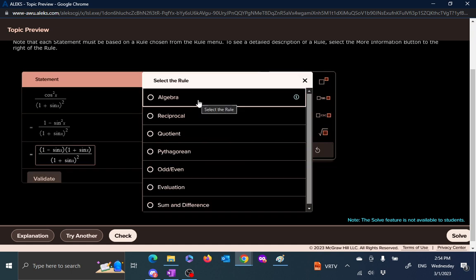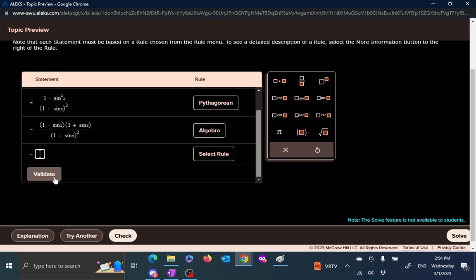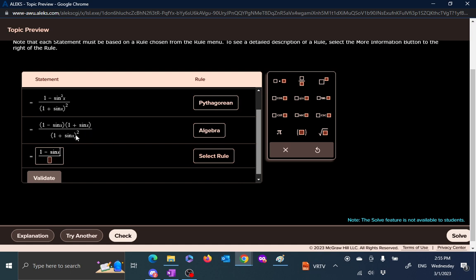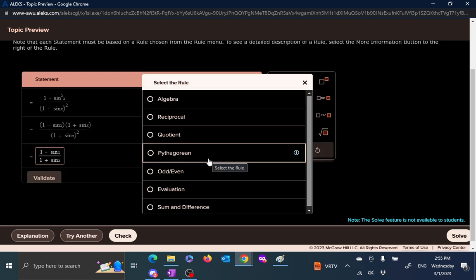So all I did was algebra. Next, I'm going to cancel the two common factors here. So let's make our fractions. I'll have 1 minus sine of x in the numerator. When I cancel this second parentheses with the parentheses in the denominator, I'll just have 1 plus sine of x. So all I did was algebra.